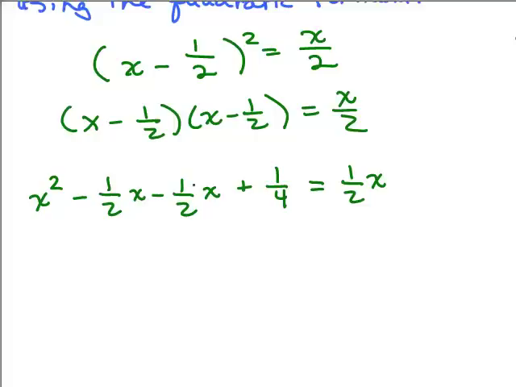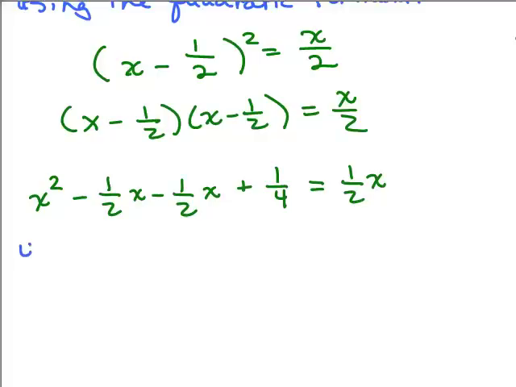Okay, so we could combine like terms if we want right now, or we could just multiply everything by the least common denominator, which is going to be 4. I'm going to go ahead and just multiply everything by the least common denominator of 4.